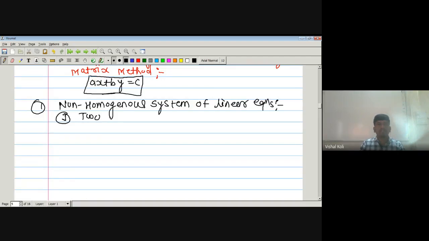Two equations with two unknowns. Here we have to take two equations, and there are only two unknowns in those equations.